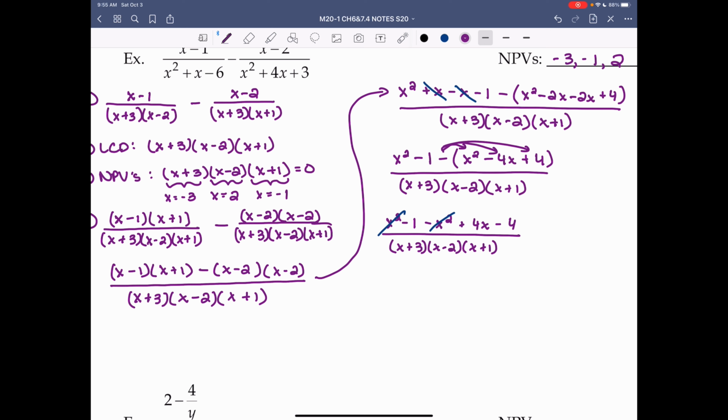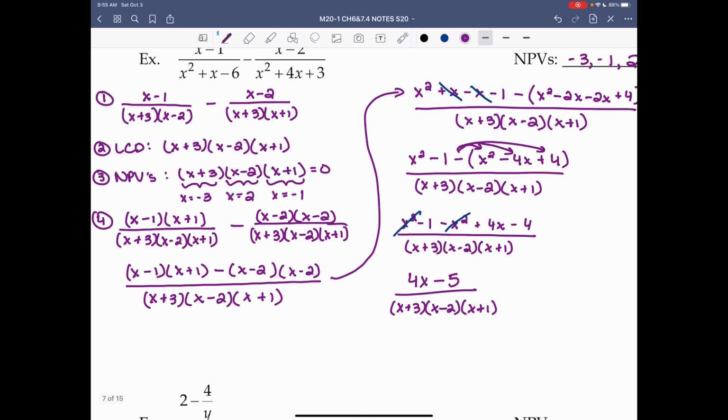We have 4x, and then negative 1, negative 4 is negative 5, over x plus 3, x minus 2, x plus 1. Step 5, can we factor and reduce it all? 4x minus 5, there's no common factor, so we cannot. This is our final answer.